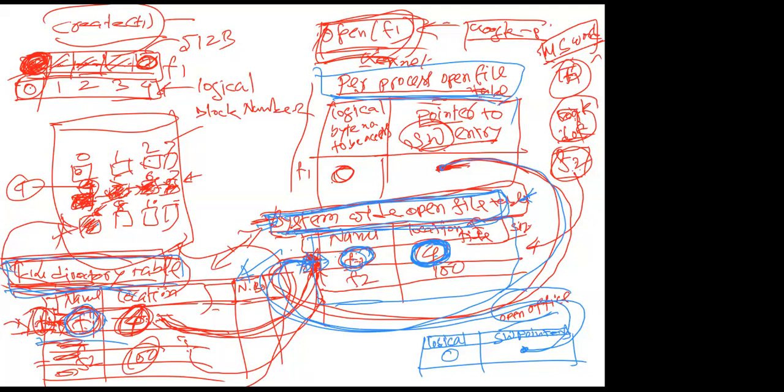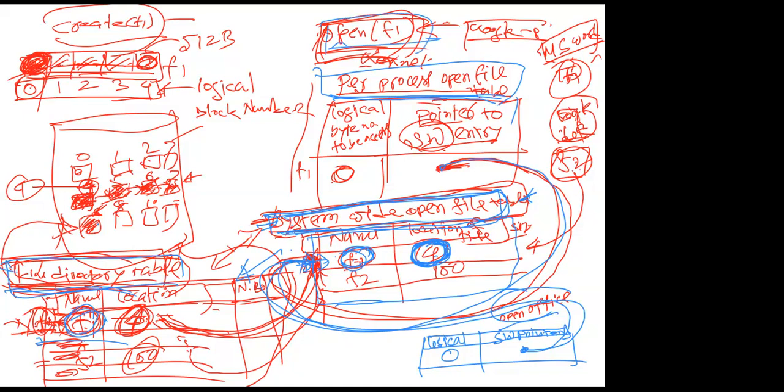After opening a file, what do you need to do? We usually open a file to do either a read or write operation, right? That is why we open it. When you open, you read data from the file, or you edit and write some data. So we do read and write operations after this open system call.